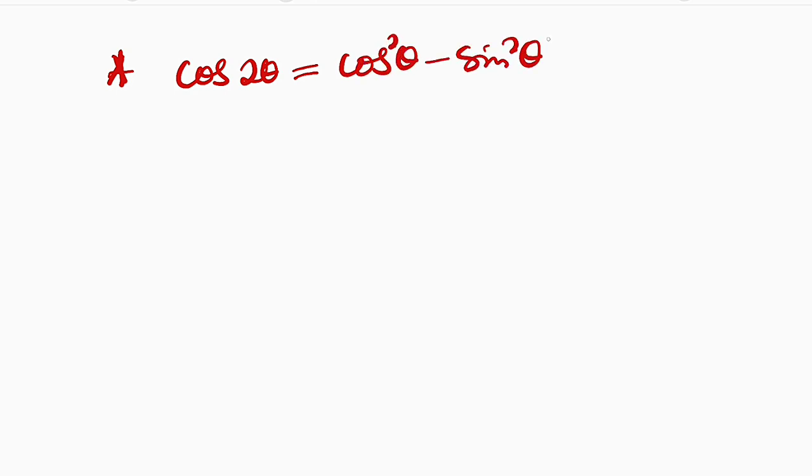One thing you should remember is this. Let me write it. If you have cos 2 theta, it is equal to what? Cos squared theta minus sine squared theta, right?